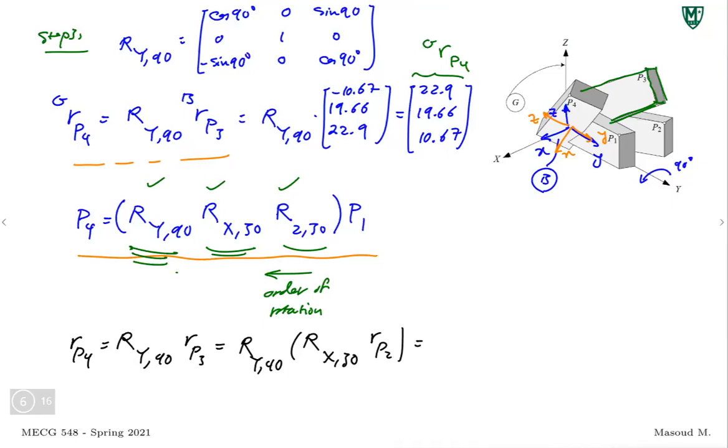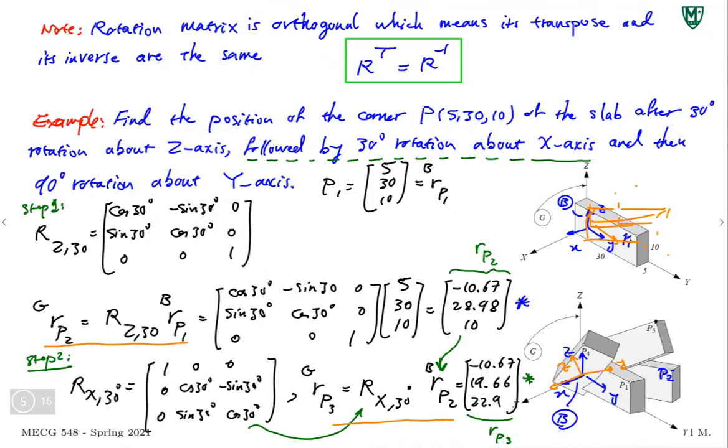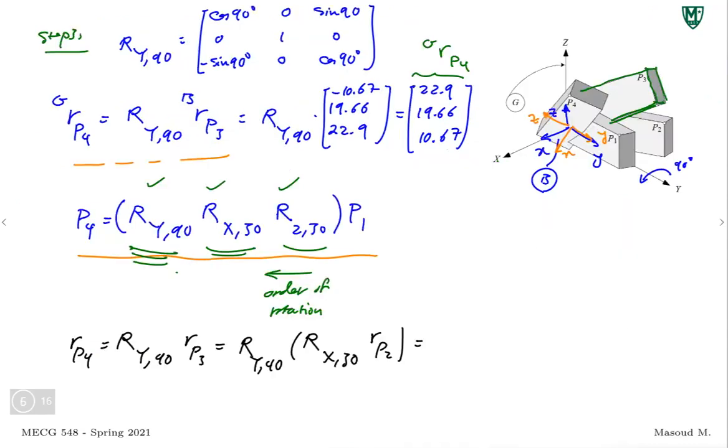Now RP2, going back to the first step, is RZ30 RP1. So that'll be RY90, RX 30 degrees, and then RP2 is RZ, 30 degrees RP1.